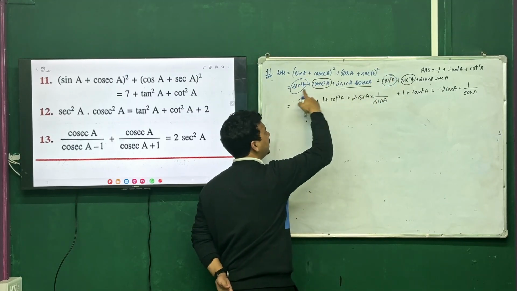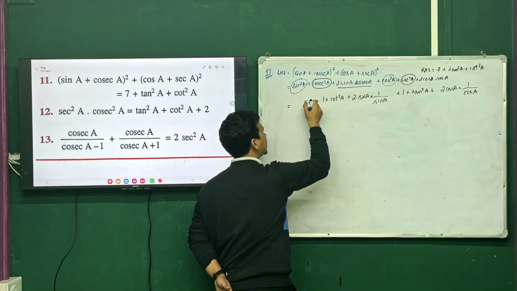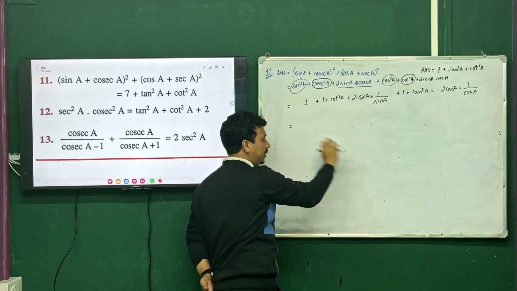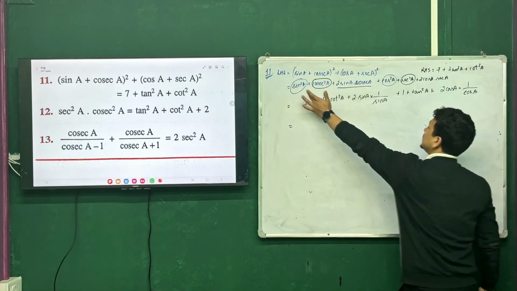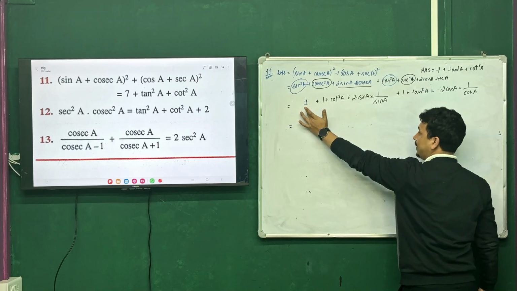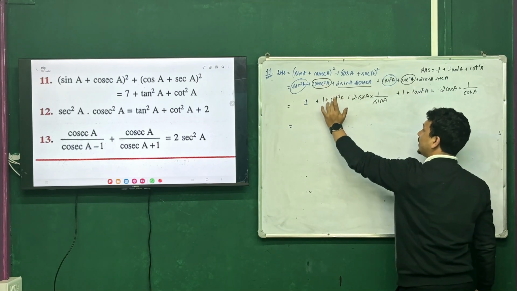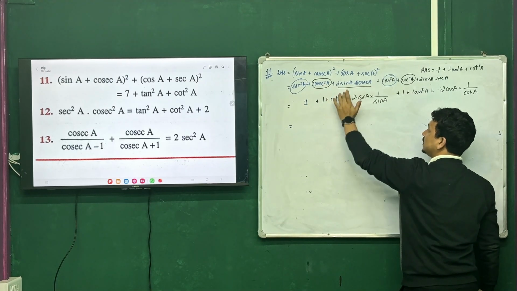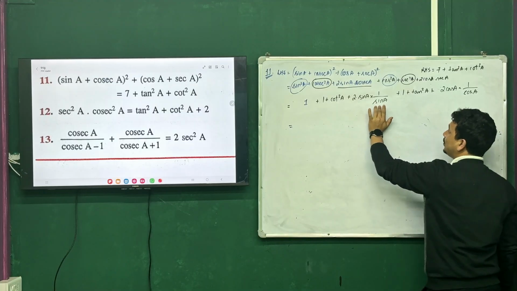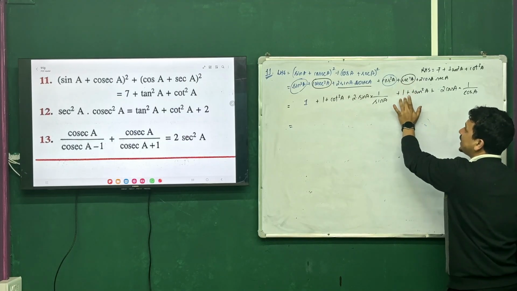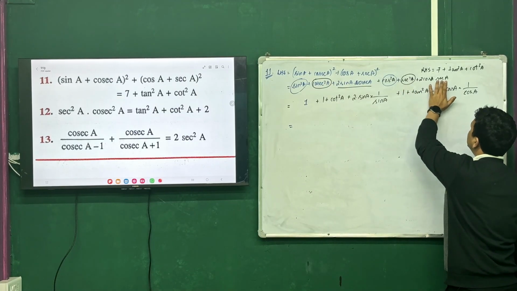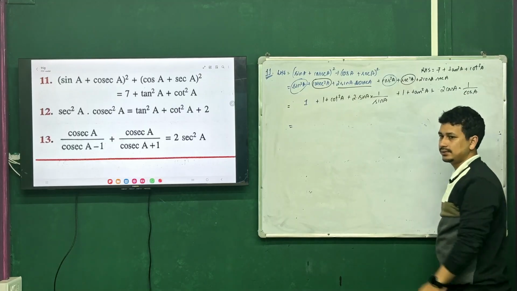These two are left, and we know that sine square plus cos square is nothing but 1. That's what I wrote. Cosec square I converted to 1 plus cot square. Cosec I converted to 1 upon sine. Sec square I converted to 1 plus tan square. And here sec I converted to 1 upon cos.